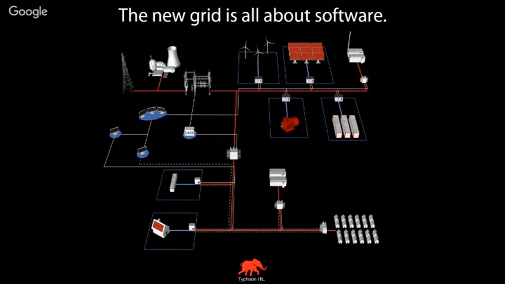The new grid is all about software, meaning that in difference to the old grid that we had for about a century, this good old Nikola Tesla invented transmission of electrical energy over long distances with zero losses.